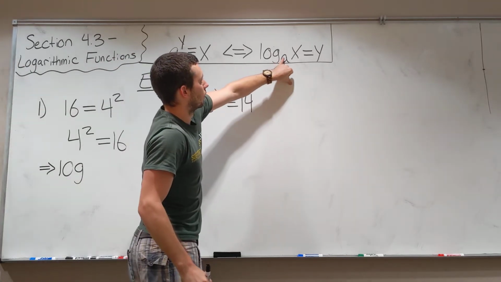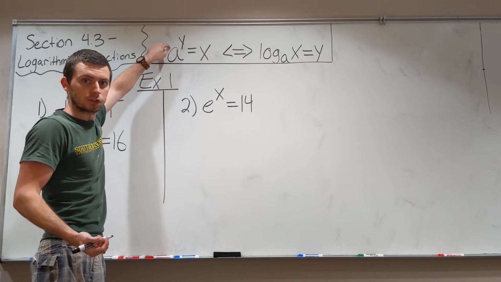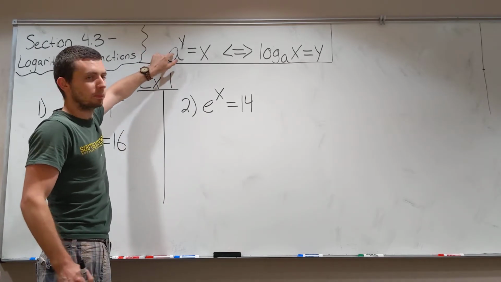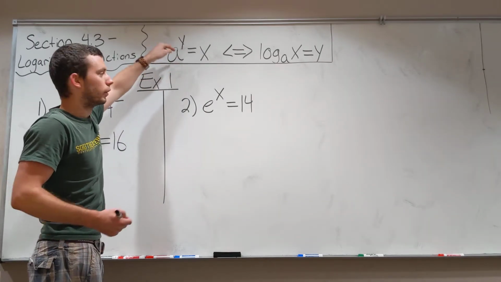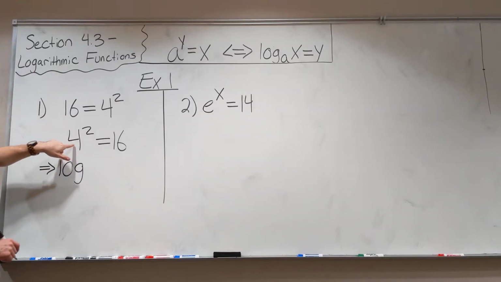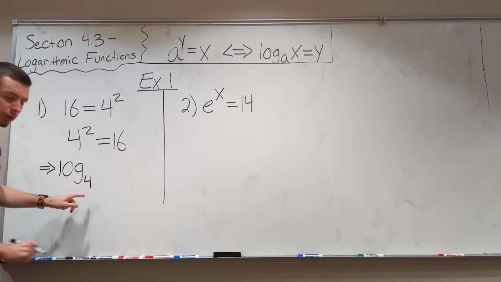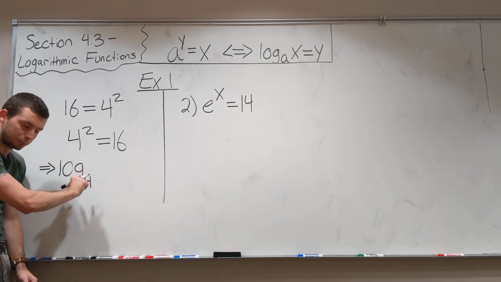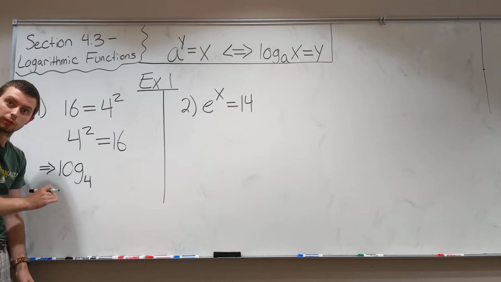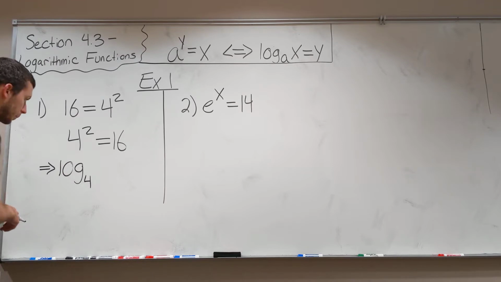Your base for your log is the base of your exponential. Remember, the base of an exponential is whatever has a power raised to it. So it says 4 here, make that your subscript. Notice I made it tiny and I inverted it downwards a little bit. That's a distinction that you have to make when you input these answers into MyMathLab.